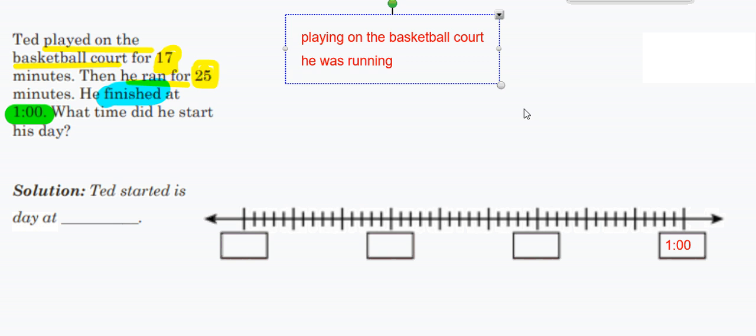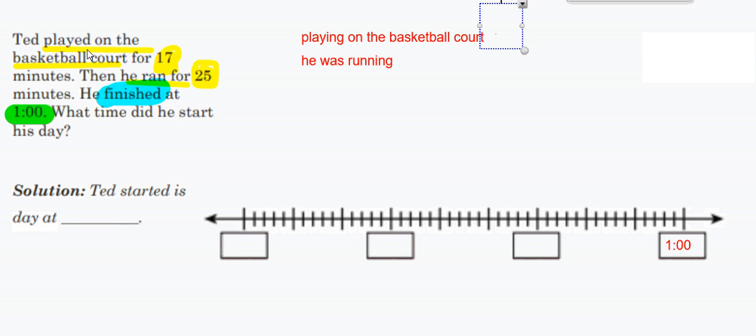Now, how long did he spend playing on the basketball court? We go back here. Ted played on the basketball court for 17 minutes. Now the next question is, how long did he run for?